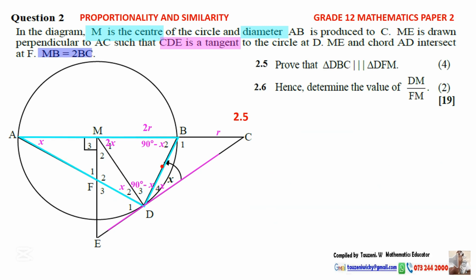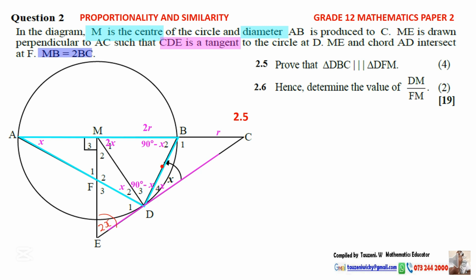The last two questions, number 2.5 and 2.6: prove that DBC is similar to triangle DFM. We must have all the information that we have calculated at hand. This angle, we know it's equal to 2x.